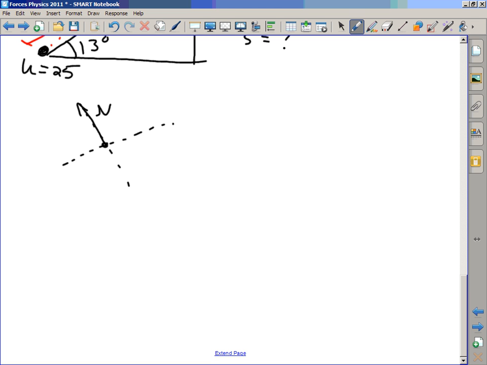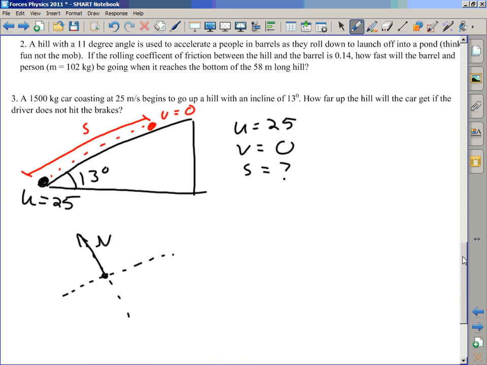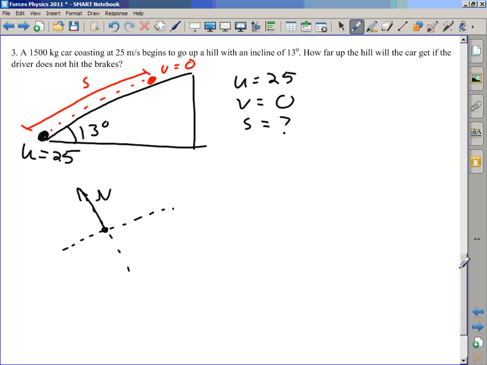Okay? So there is no force going up the hill. What's the only other force that I have happening? All right, since it doesn't say anything here about friction, let's ignore that. So I only have one other force: gravity. Gravity's going straight down. We have a force of push from the car's engine, because we're coasting. It's still running to keep that coasting speed.